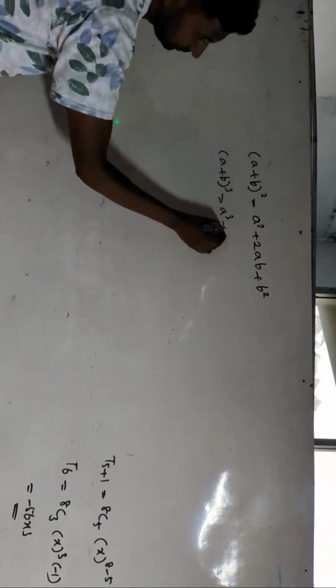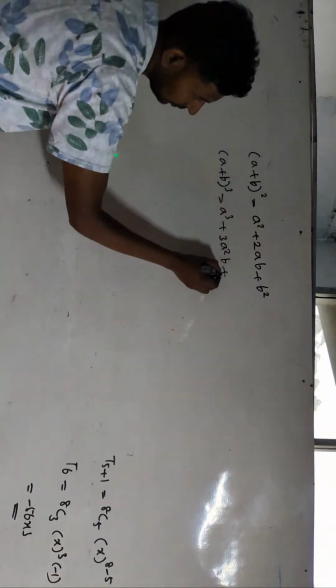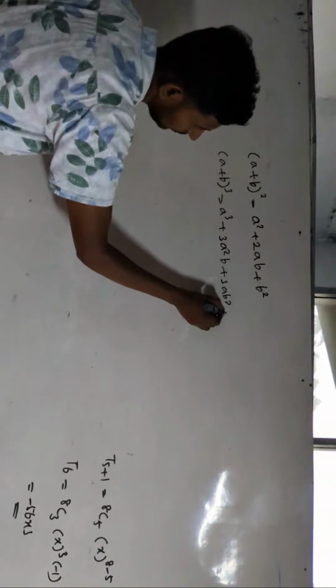There are 4 terms. So if the power is even, there is an odd number of terms. If the power is odd, there is an even number of terms. In the square expansion, you can see there's only one midterm.